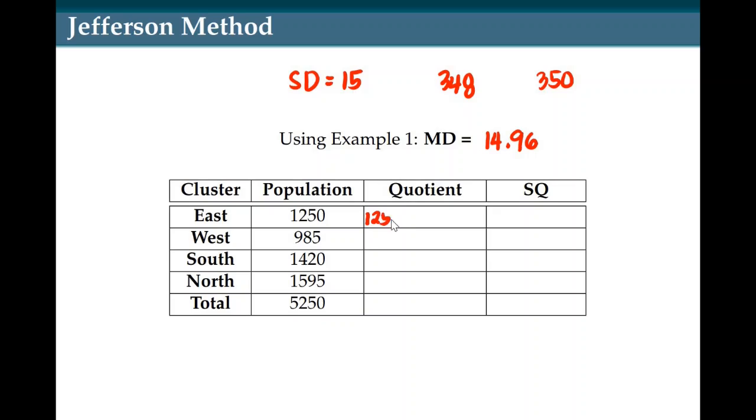So 1,250 divided by 14.96 will give us 83.56.